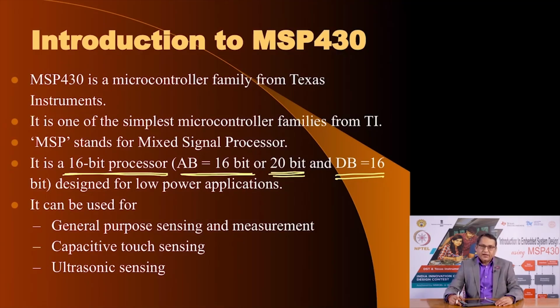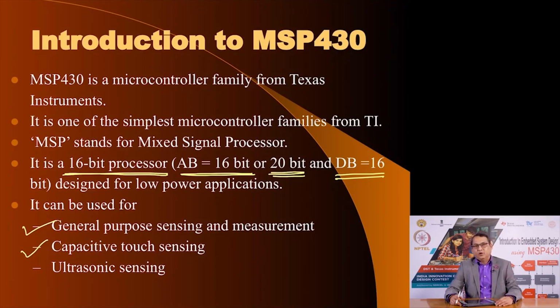The intended application areas are general purpose sensing and measurement. So, you may create instruments where you sense various physical parameters, measure them, process them and provide an appropriate output. It has a concept called capacitive touch sensing. You may correlate with that very easily because these days smartphones come with touch, and the kind of touch that is used on smartphones these days is capacitive touch.